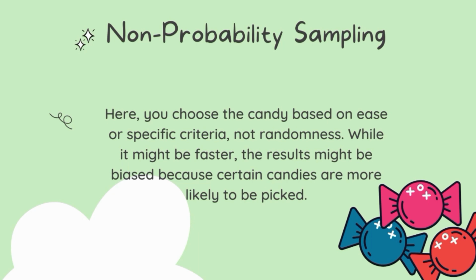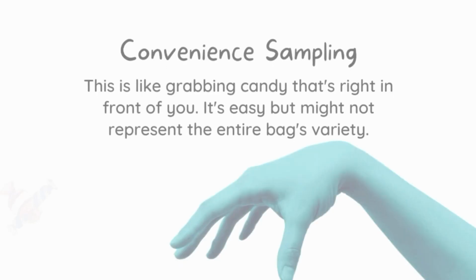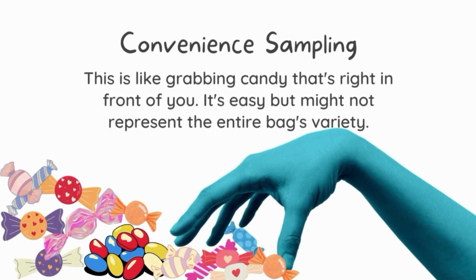The different types of non-probability sampling, the first one is convenience sampling. From the name only you can understand what convenience sampling is, and also from the picture I have provided here. Convenience sampling is also a non-probability sampling technique where the samples are selected based on their easy accessibility or availability to the researcher.